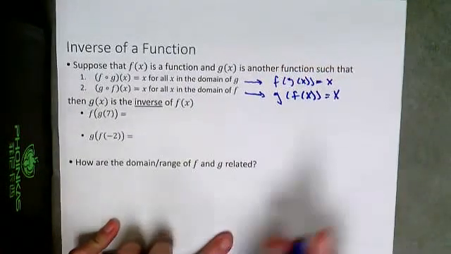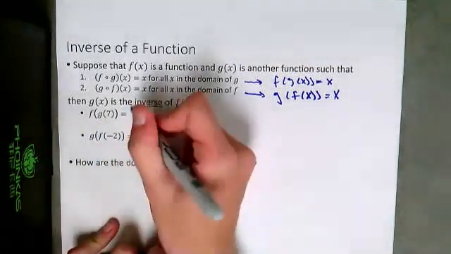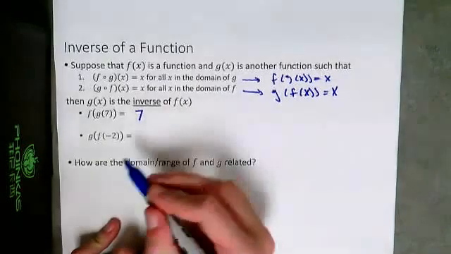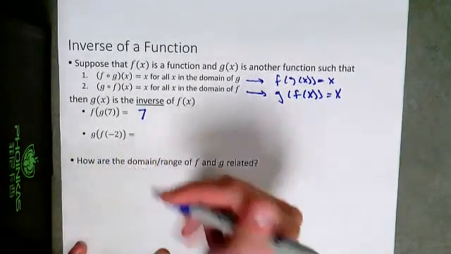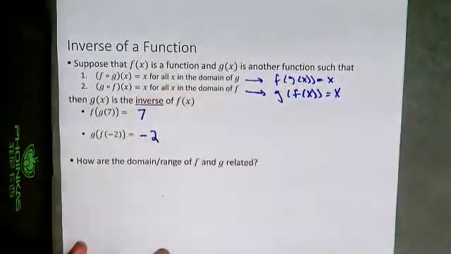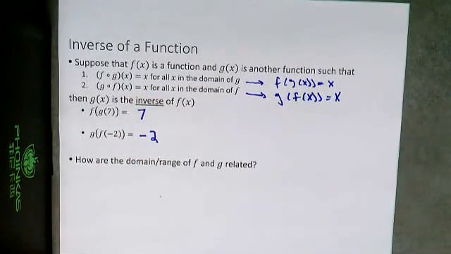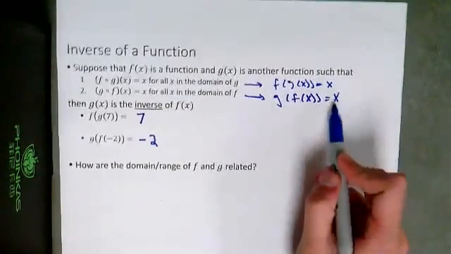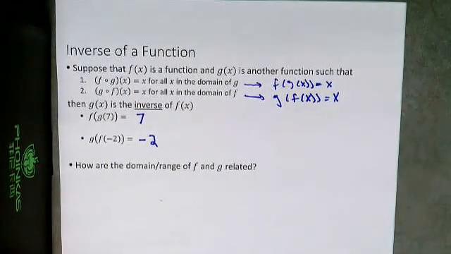That means f of g of 7 is going to be 7, and g of f of negative 2 is just going to be negative 2, because no matter which way you compose them, you get that same input back.